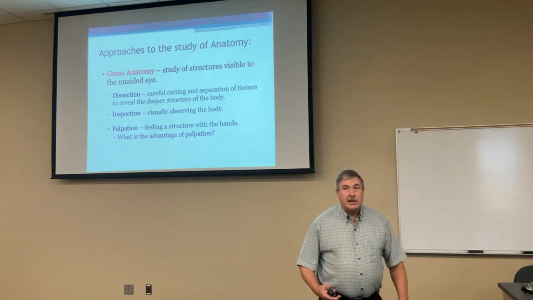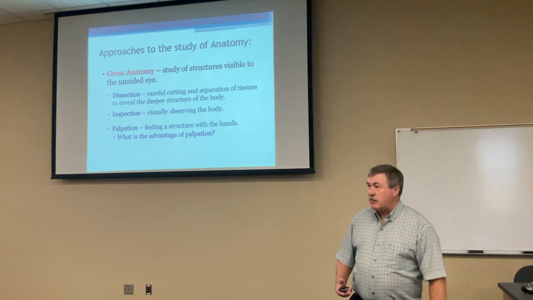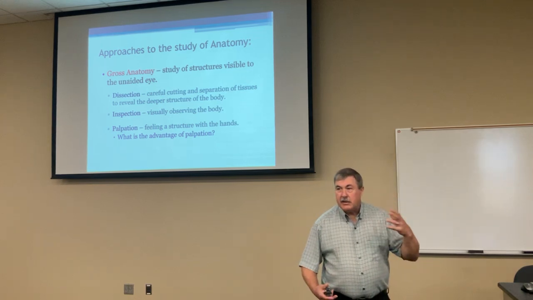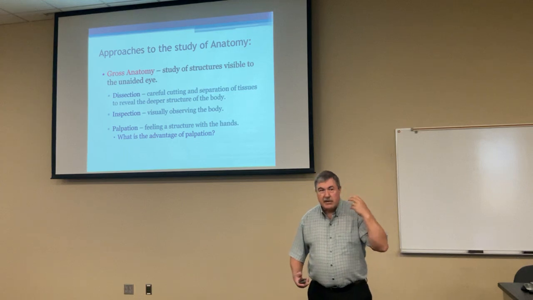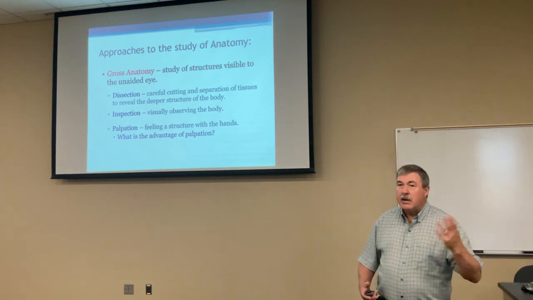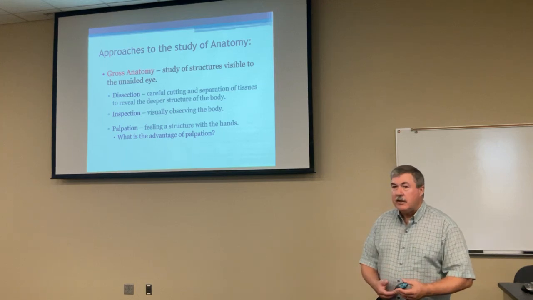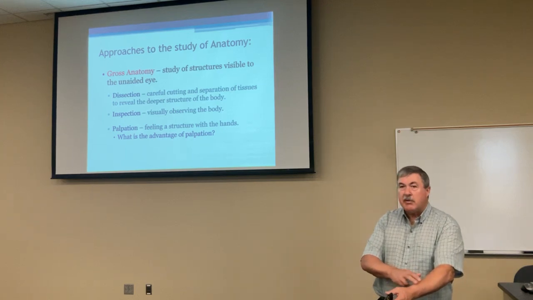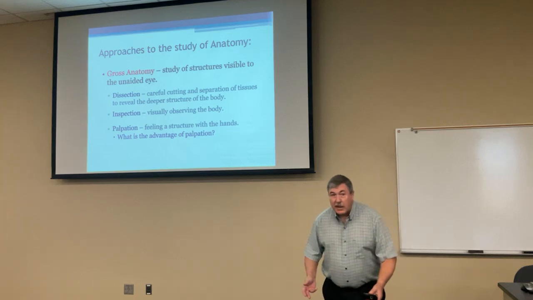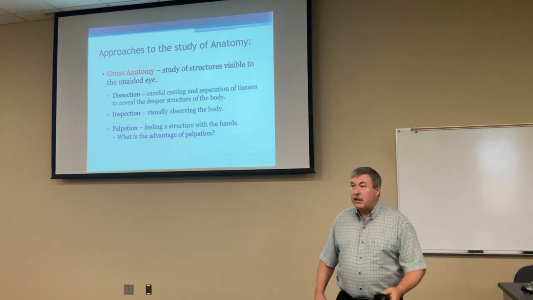If a person's liver is not functioning properly, a person may have yellow jaundice. Their skin and the whites of their eyes might have a yellowish color. Or if they have an infection, there may be a kind of a red area where the infection occurs. So you can determine things like that just by inspection, just by looking.